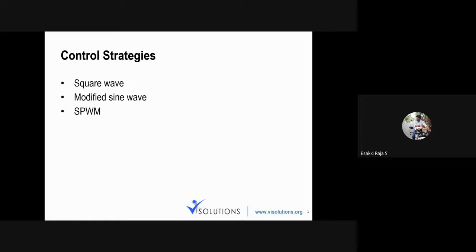Based on that, we are going to see the response of our circuit. We'll start with the square wave, a very basic one, then move to the next one, each one by one.